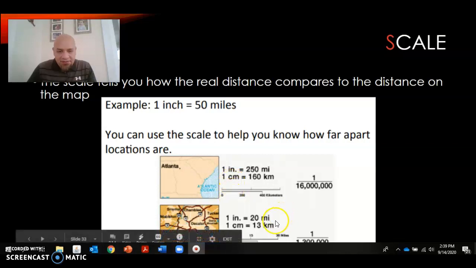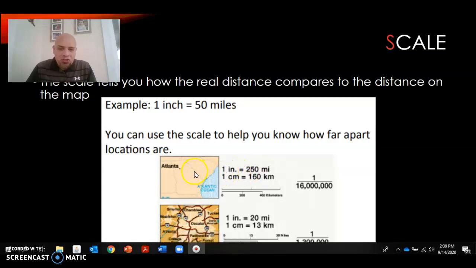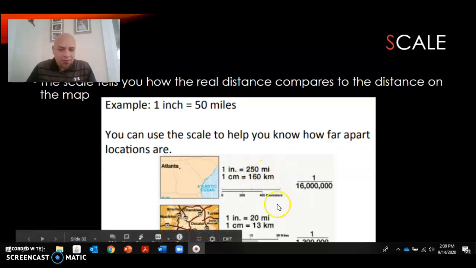It's usually going to have something that looks like 1 inch equals 250 miles. And what that means is if you measure 1 inch on the map, that's going to equal 250 miles in real life. And you're usually going to see something like this, like a bar, almost like a ruler looking thing. And that is the scale. Okay? So that's what the S stands for.